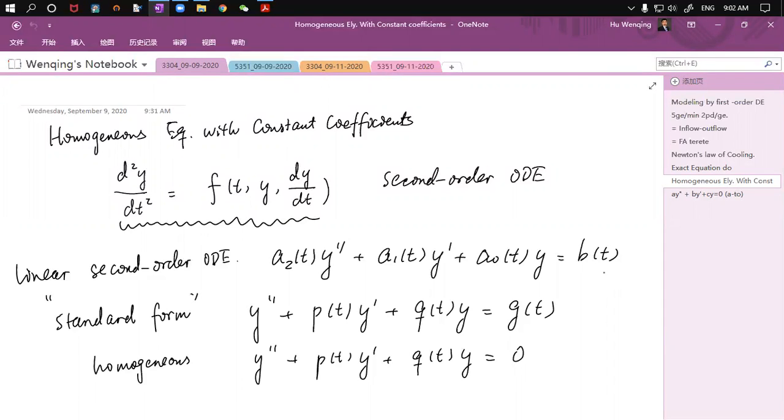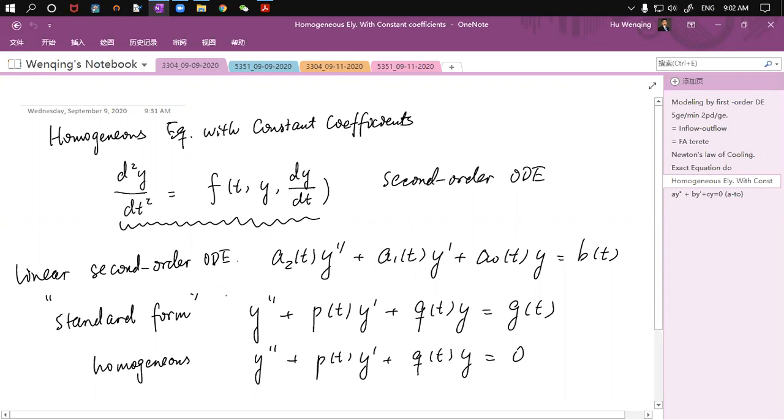For any such equation, we would like to turn it into an equation in standard form. By standard form, it means that the leading coefficient in front of the highest derivative is going to be 1.